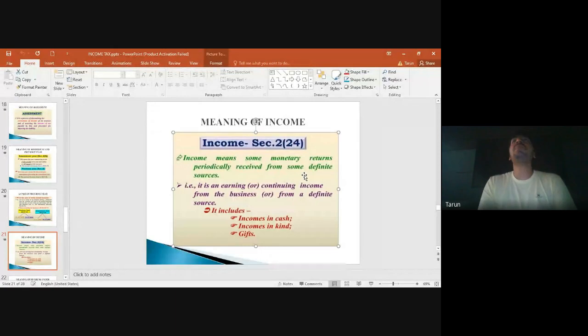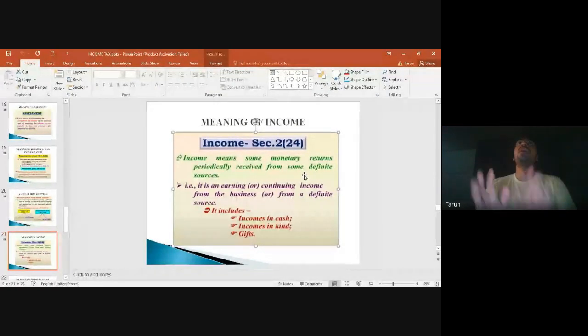Income includes three categories: any income that you earn in cash, any income that you earn in kind, that is without any monetary terms, and any sort of gifts, either in cash or in kind. It is always considered income under section 2 subsection 24 of the Income Tax Act 1961 in India.